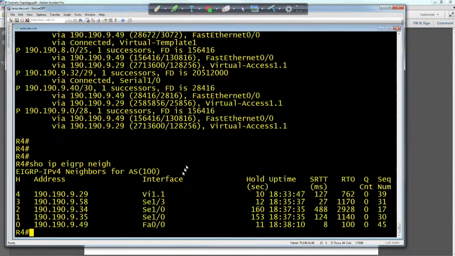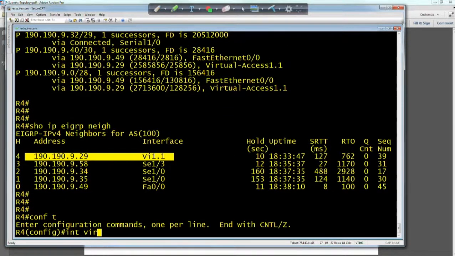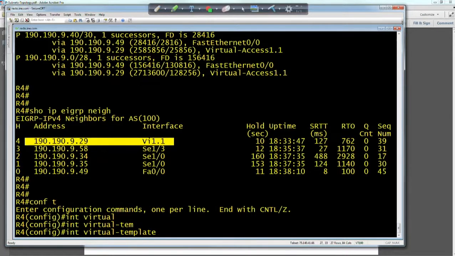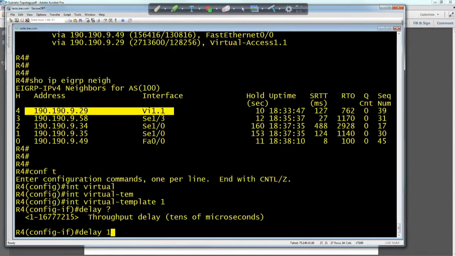The reason I'm doing this is to determine, so this is the virtual access interface, but you can't really change these. These are spawned and die, and they come and go dynamically, and you can't really mess around with them too much. But it's the interface virtual template that actually controls them. And let's knock that down to 1.